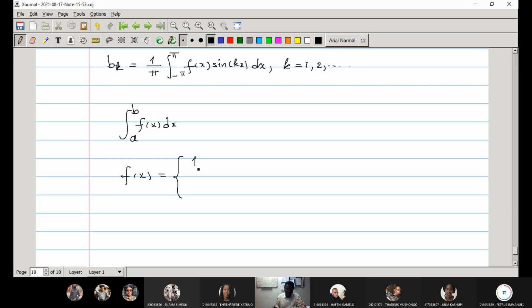Let's say f is 1 from a1 to a2, then the function is negative 5x, for instance, from a3 to a4, and then 0 otherwise.